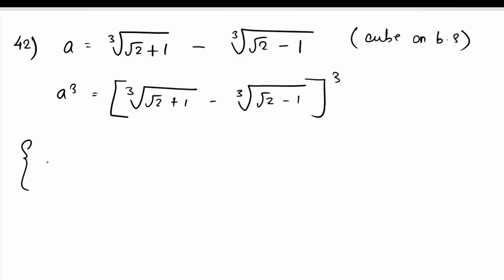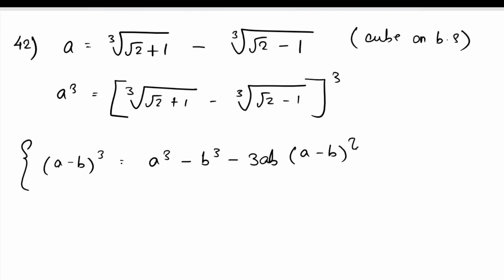Now applying the formula for a minus b the whole cube, which is equal to a cube minus b cube minus 3ab into a minus b.